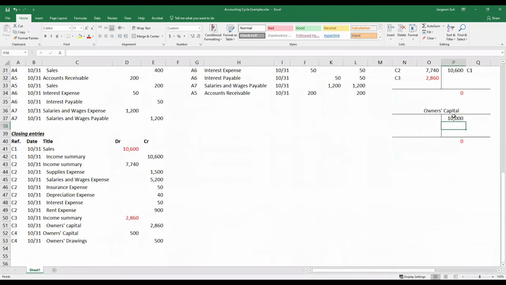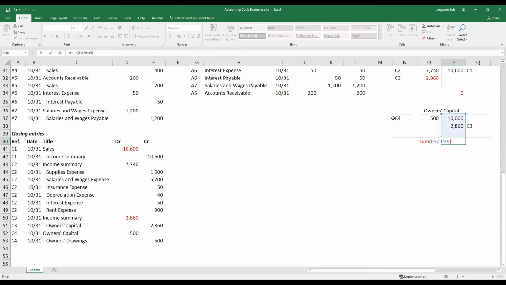The beginning balance has been changed here. C3 being credited 2860. And then subsequently it is debited, C4, by 500.